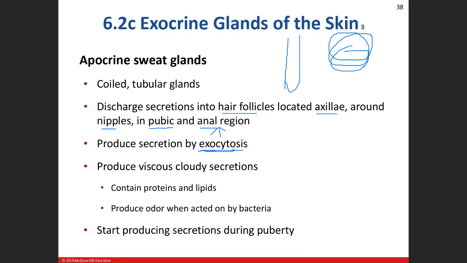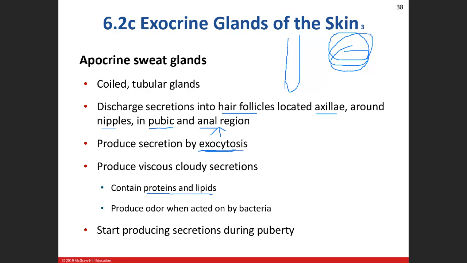So what they're producing is going to be thicker, but mainly proteins and lipids. But guess what? Bacteria love that stuff. They love to eat it. That's not the problem. But bacteria are like us, right? If you're going to eat something, you're going to poop it out. Bacteria poop it out, and that's what causes the smell.